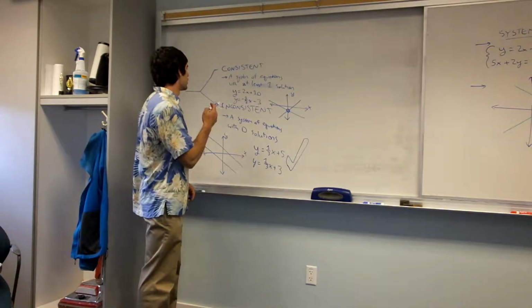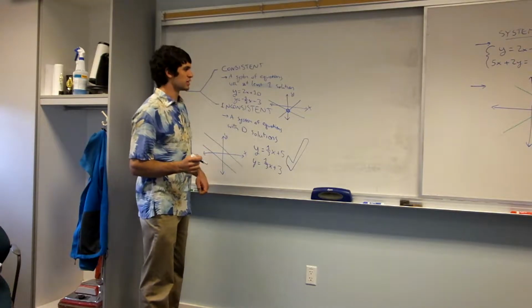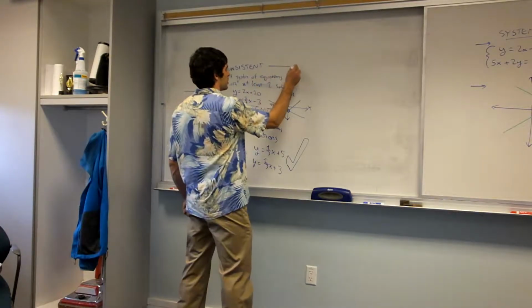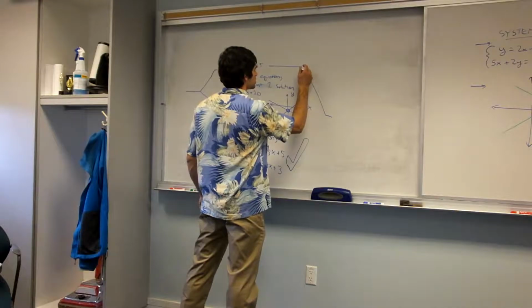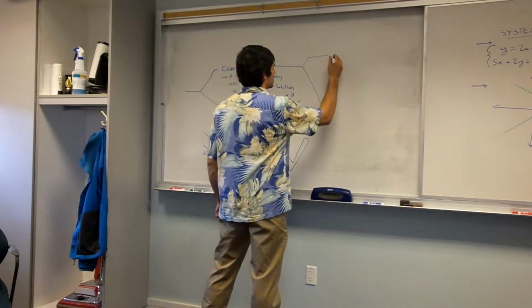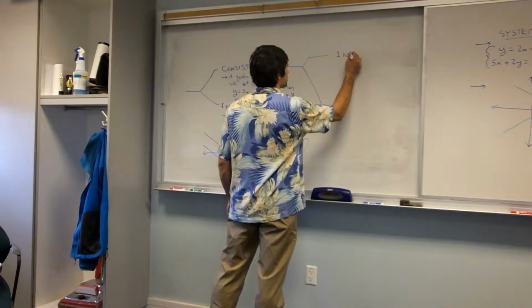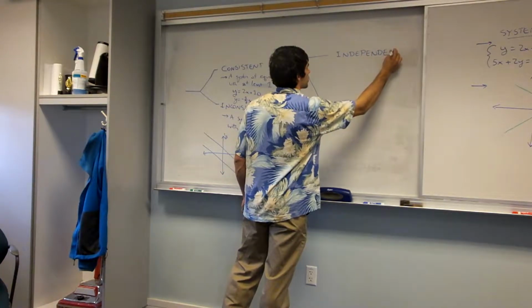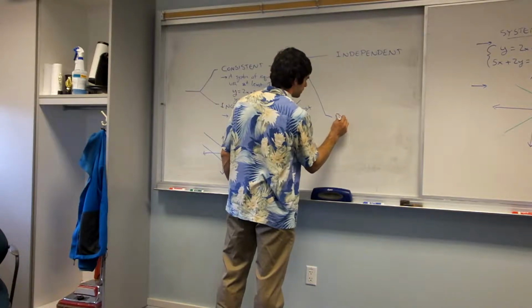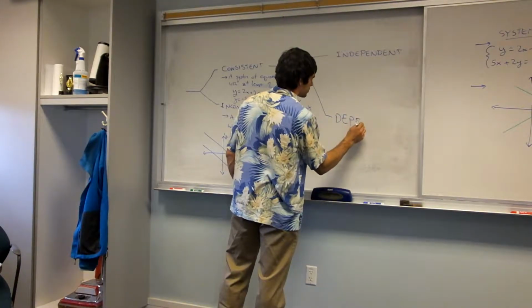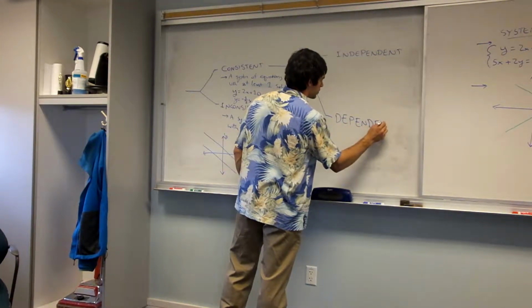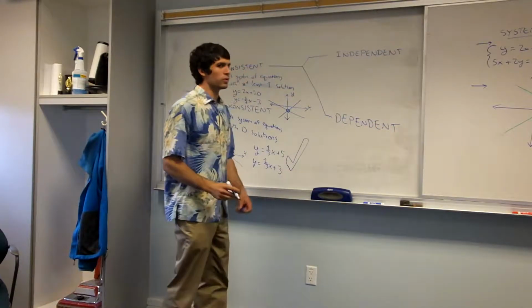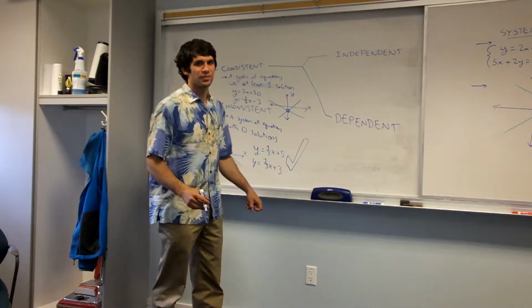But if we have a consistent system of equations, we have another branching point. It could be either independent or it could be dependent. So what in the world is the difference between independent and dependent?